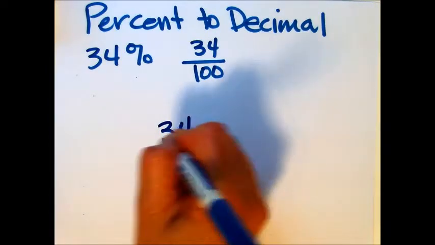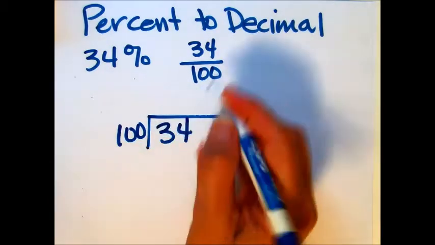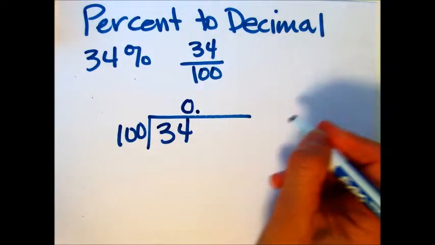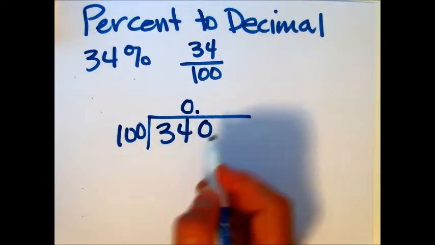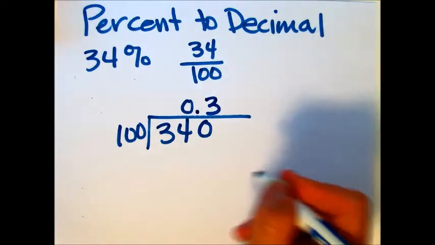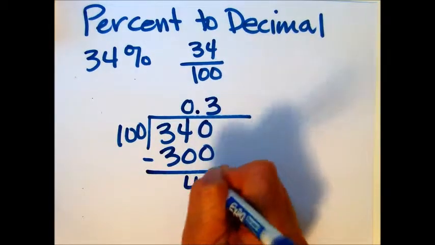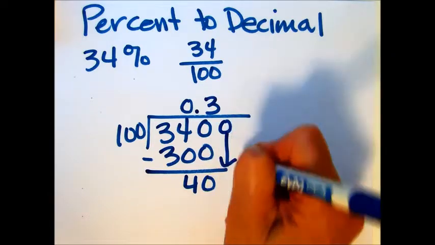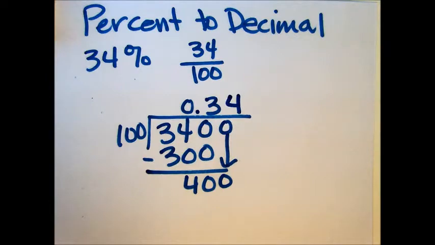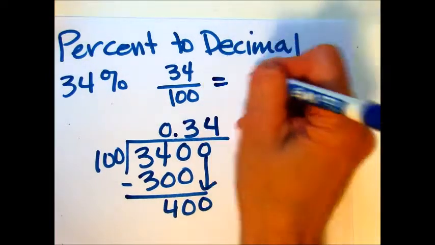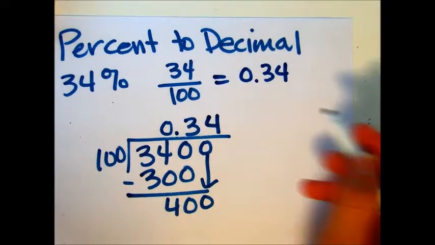So 34 divided by 100. 100 doesn't go into 34, so I'm going to add a decimal and a 0. 100 goes into 300 3 times. Subtract, and then bring down another 0. 100 goes into 400 4 times. And so our decimal equivalent is going to be 0.34, or 34 hundredths.